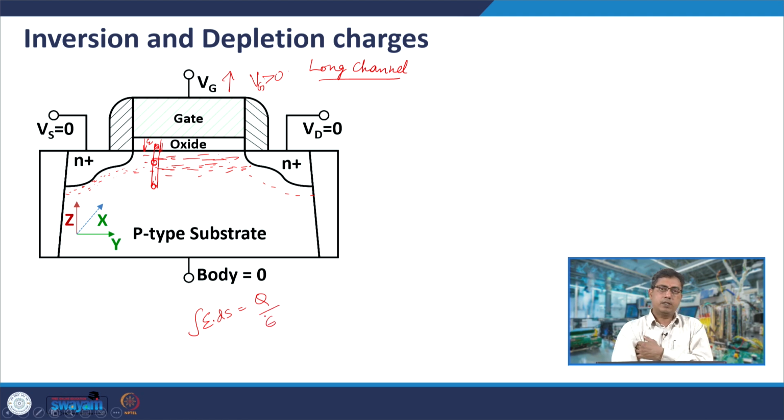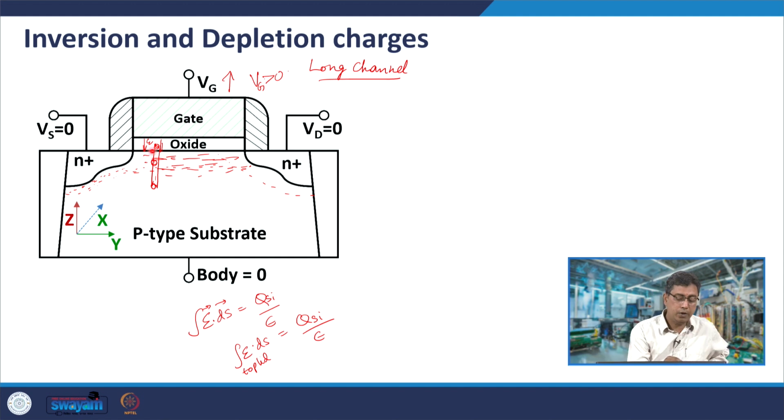However, for our Gauss cylinder, because the surface integral along the vertical surfaces and the bottom lid is 0, this would turn out to be the surface integral of electric field only in the top lid, and that would come out to be the entire charge in silicon divided by permittivity.